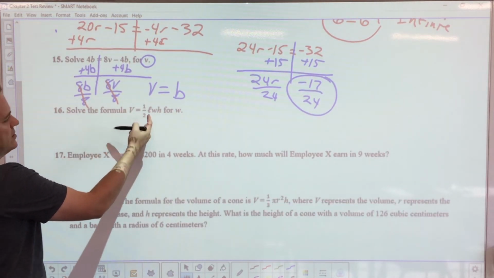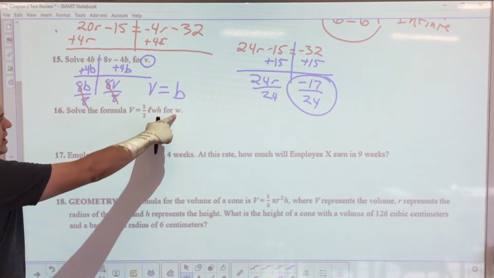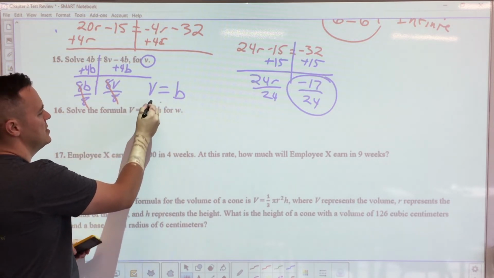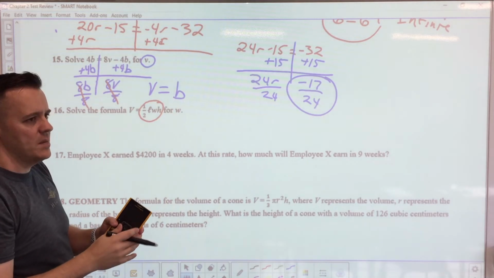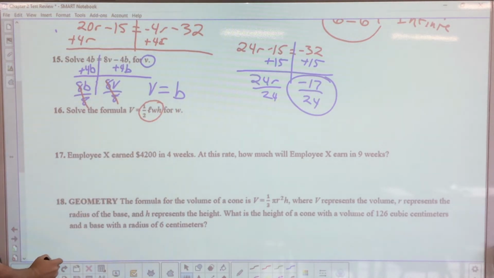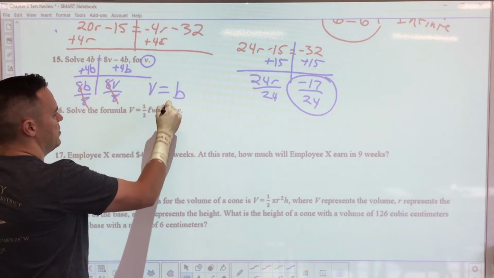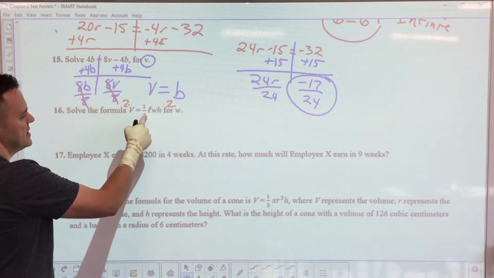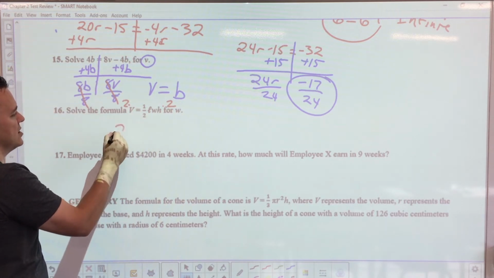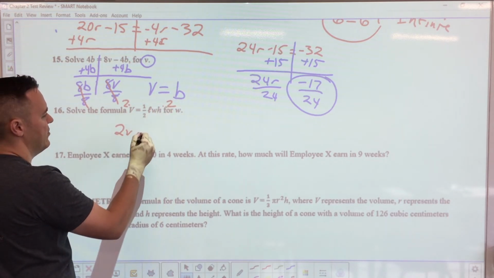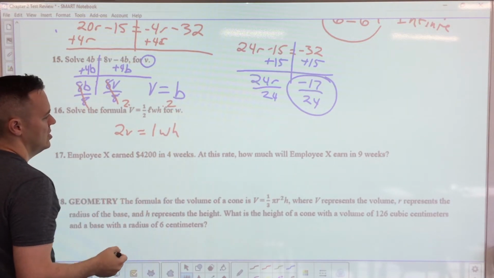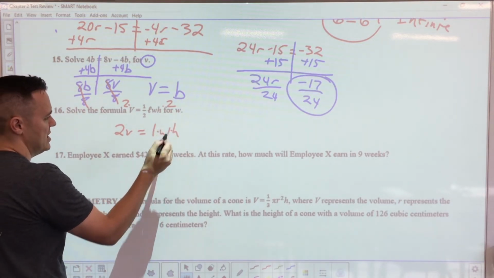Solve the formula. Solve this one for w. First thing you'd want to do, since this is one unit, what I mean by that is this is multiplied all together, you want to get rid of the fraction first. So you multiply both sides by 2, the opposite of the denominator here. So if you do that, it's going to be 2v, and then the half cancels out, equals LWH. Now, ladies and gentlemen, remember, this is all multiplication.